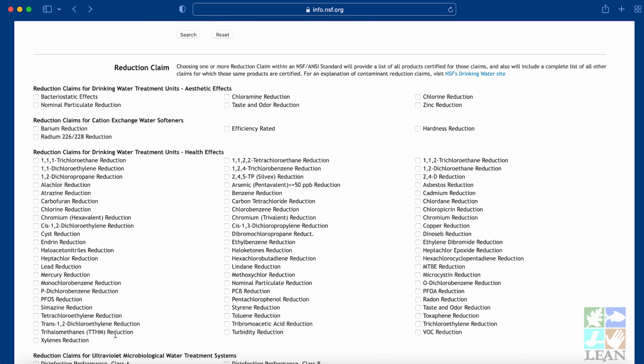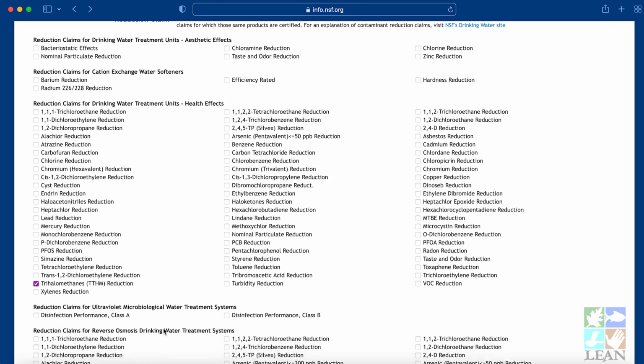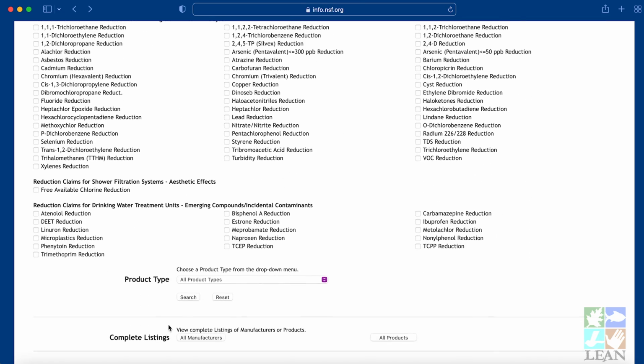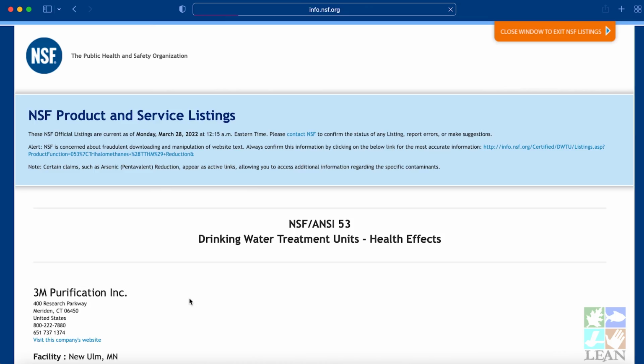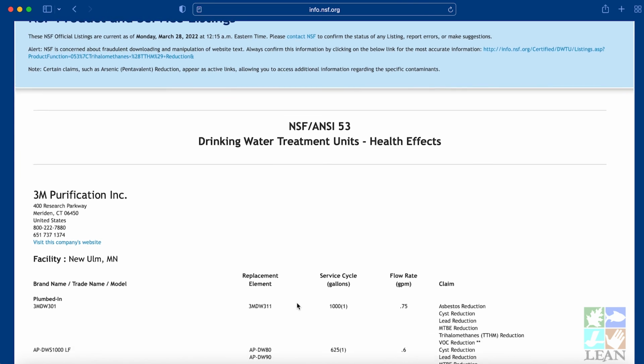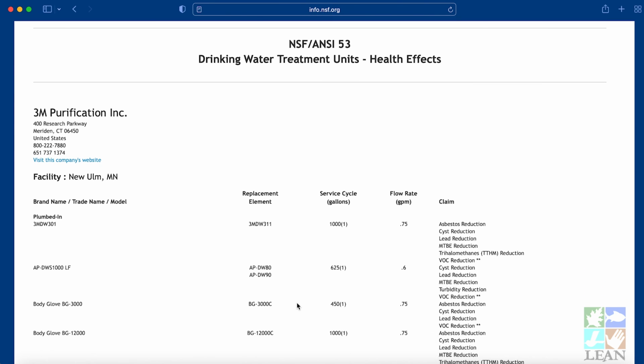You can select the specific disinfection byproduct that you saw in your water system. Then you can go down, select that, and do a search. And then these are the systems that are certified to reduce that specific disinfection byproduct. So that's how you basically can find out what's in your water and how to filter it out.